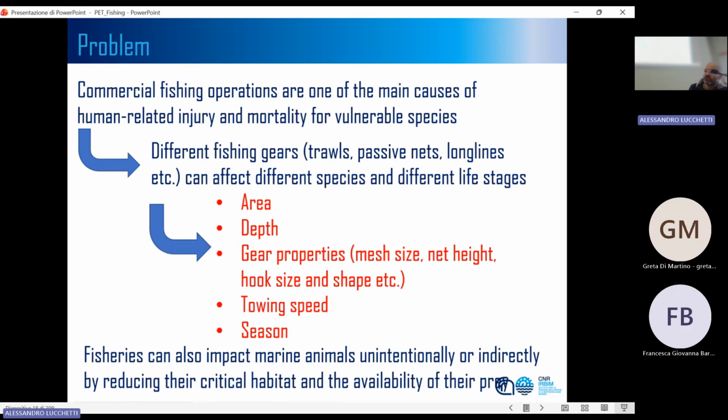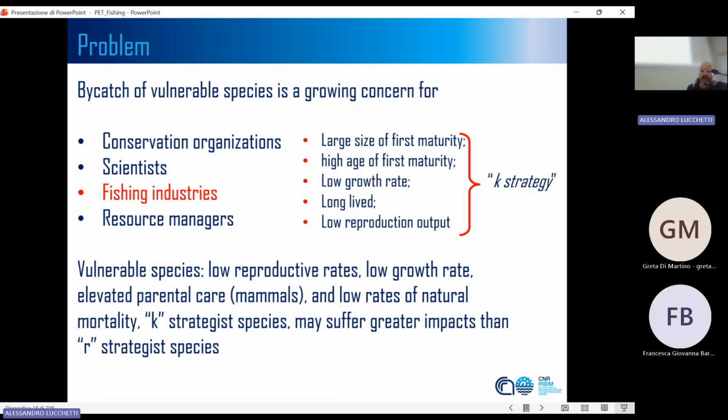If you consider the bottom trawl, the bycatch can change also according to the towing speed of that gear and also season, because some species at least have a different distribution according to the season. So bycatch of vulnerable species is a growing concern for conservation reasons, for scientists, but it is also a matter for fishing industries.